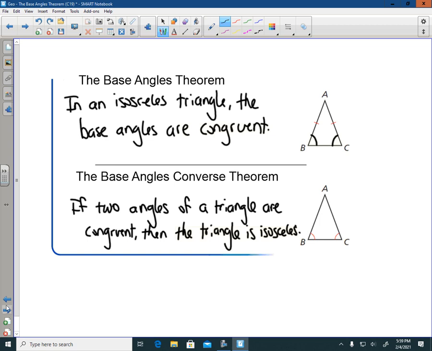We just switched them, and that's also true. If two angles of a triangle are congruent, then the triangle is isosceles.